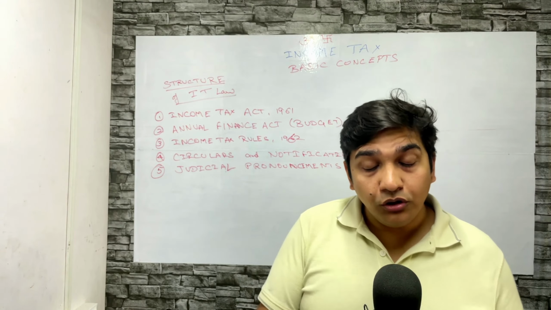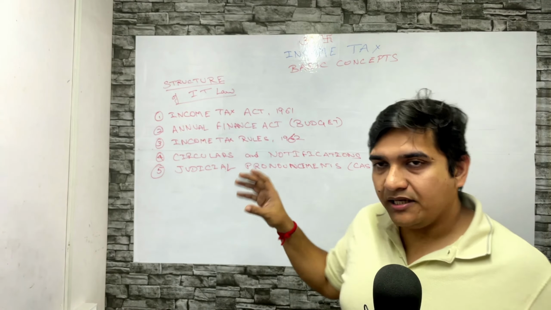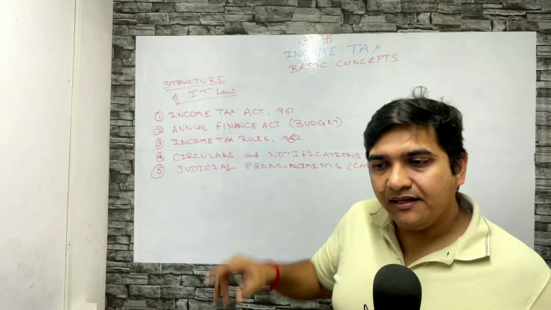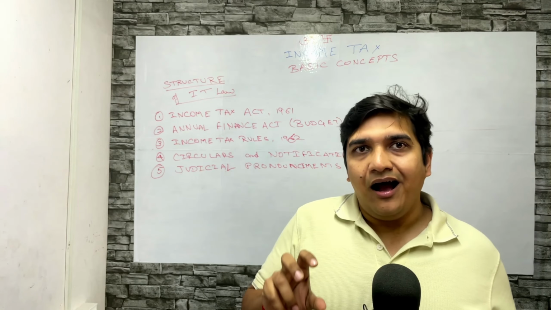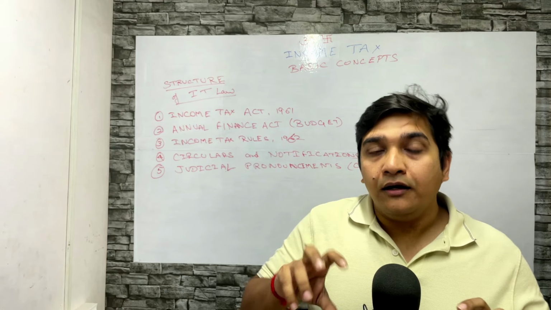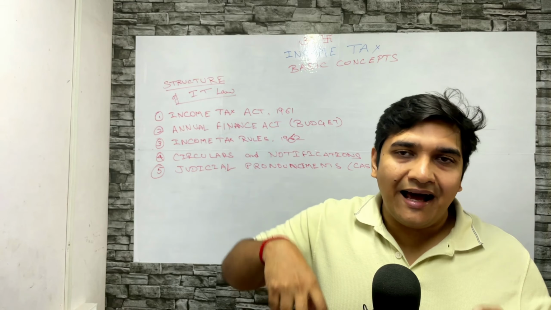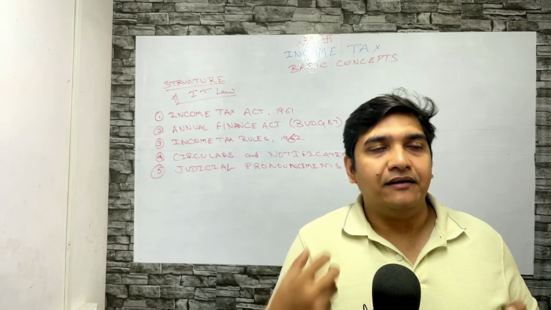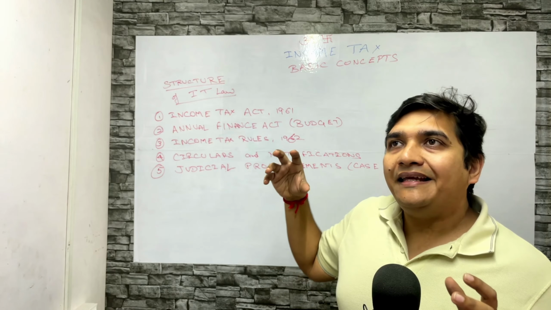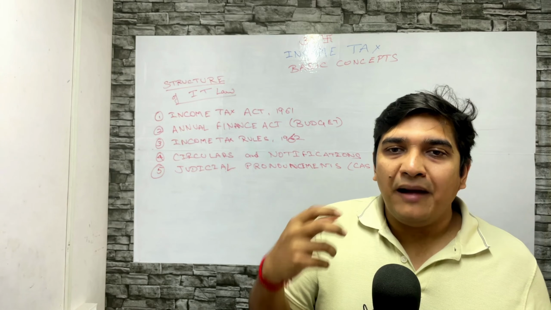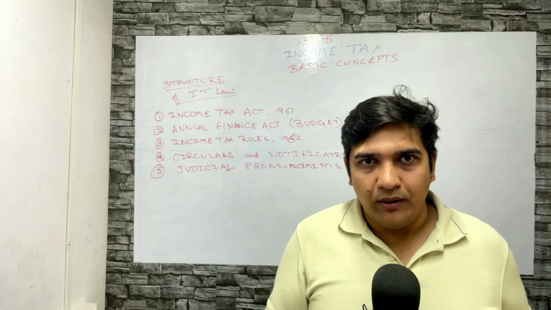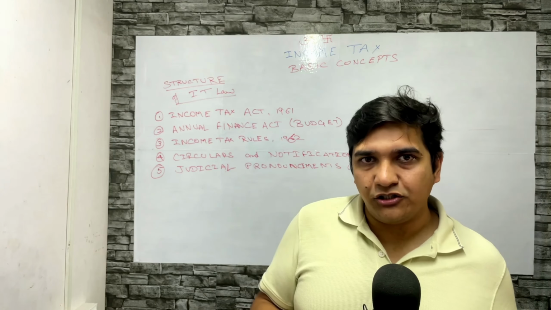The fourth one is circulars and notifications. Now these are two different things. One is the circular, one is the notification. The circulars are documents clarificatory in nature. The CBDT issues circulars on matters where clarification is required, clarifying certain aspects of law.